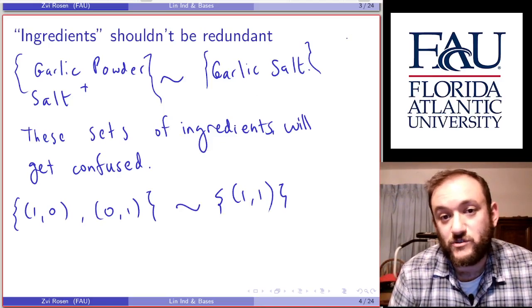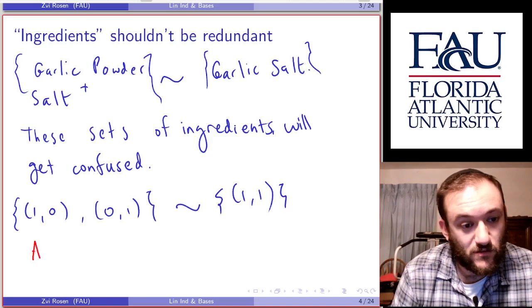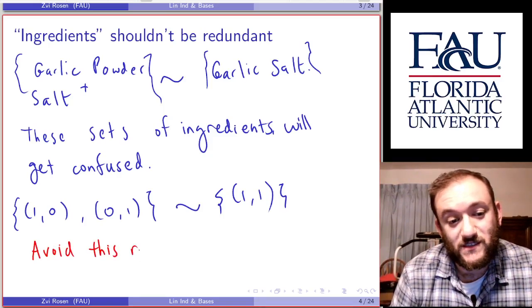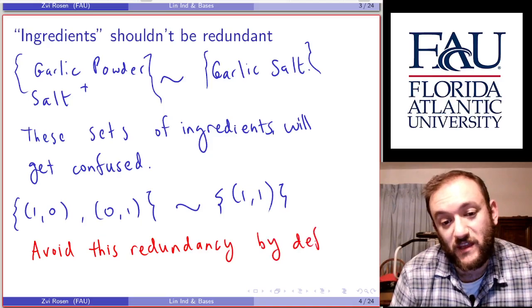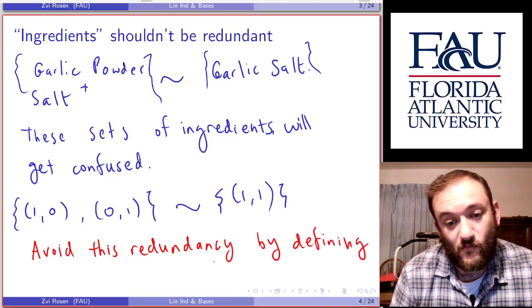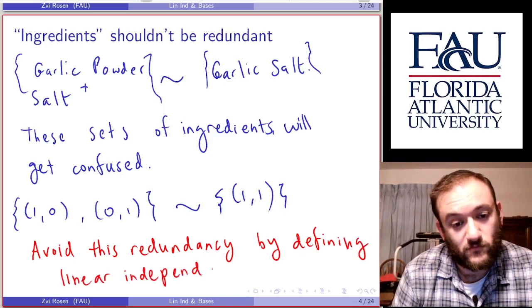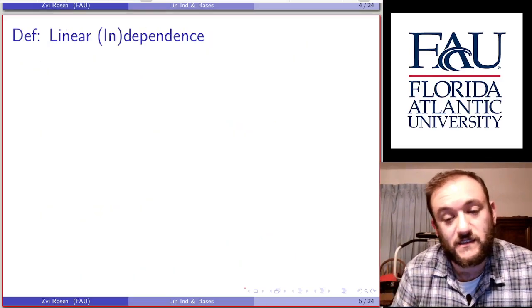So I'm going to try to avoid this redundancy by defining linear independence. Let's define that on the next slide.